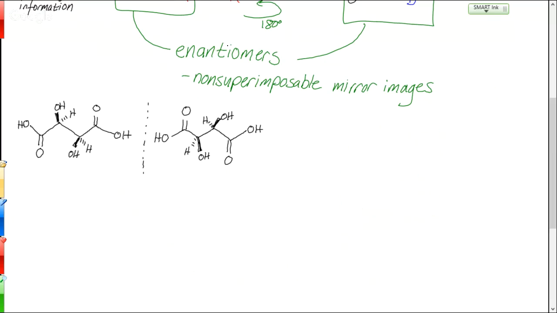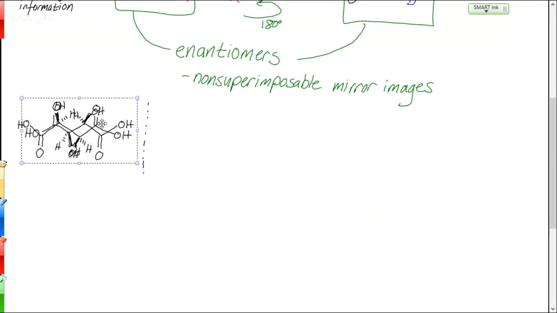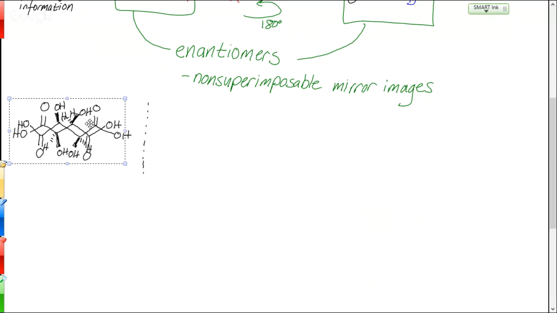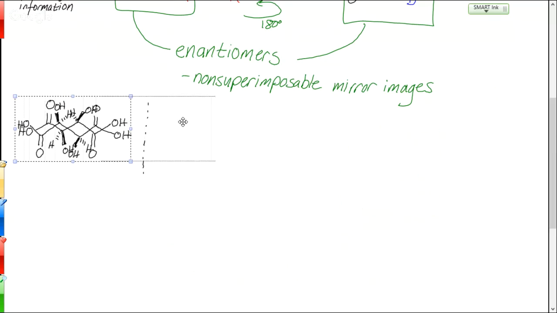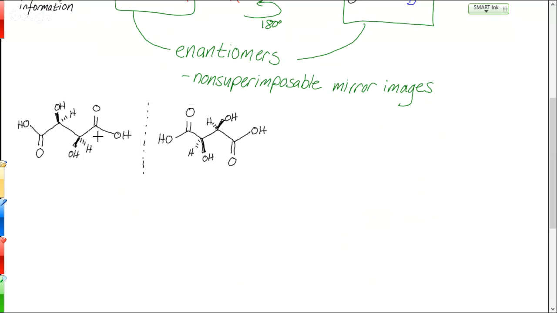So the way I have it drawn right now, it's kind of hard to tell. Because if I grab this and I move it over to here, okay, I didn't draw it exactly the same, but you can tell that it's not superimposable. The way I have it drawn, it's kind of the opposite. Do you see how they don't quite line up? Maybe it's clearer even if we don't do that.